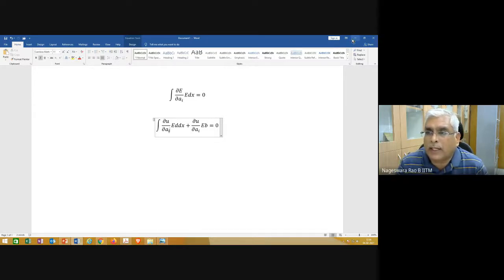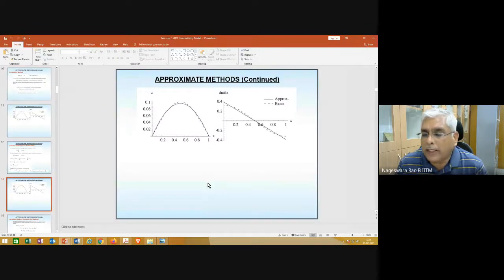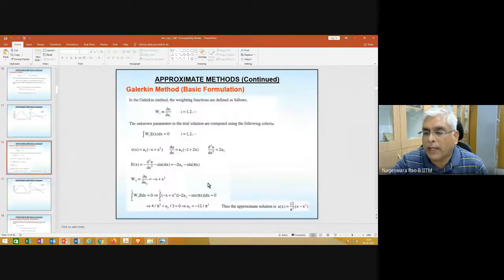Finally, one more thing I want to bring to your attention, then we are going to stop. Okay, and whatever approximate solution that you get, how do we check whether that is correct or not? Please note that where we started, we imposed the essential boundary condition in a strict sense.